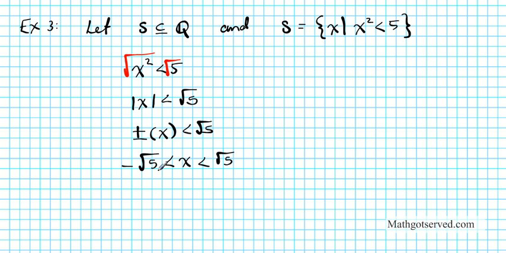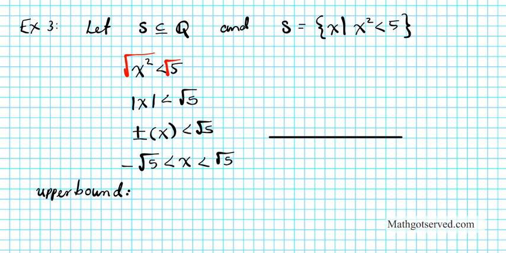So let's look for the upper bound. Wait a minute, let me draw a sketchy number line for this so that we can have a good visual of what we're dealing with here.